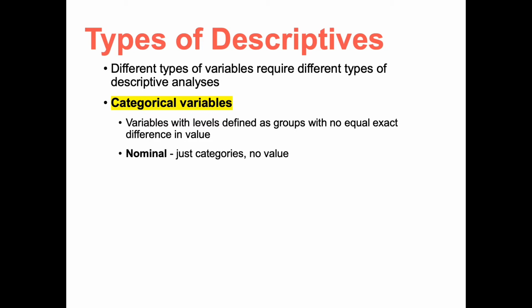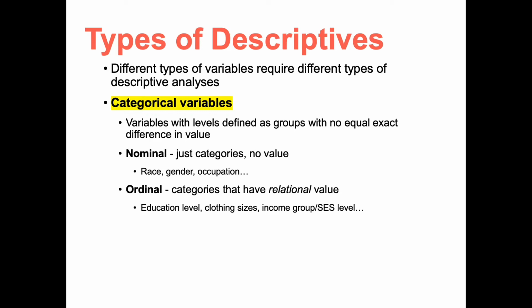They do not have value. For example, race, gender, occupation. And the second type of categorical variable is the ordinal categorical variable, where each category has a relational value, such as education level, clothing sizes, income, and SES level.